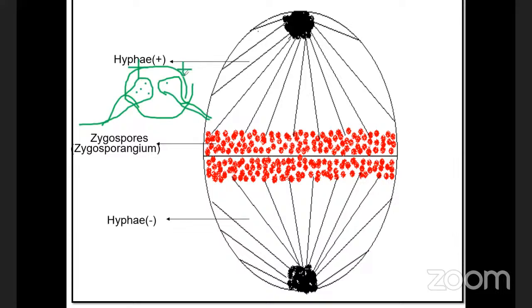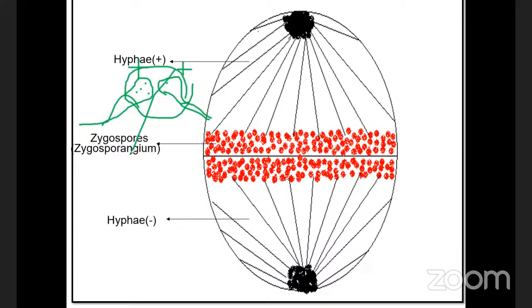If there are two plus strains, it will not happen.